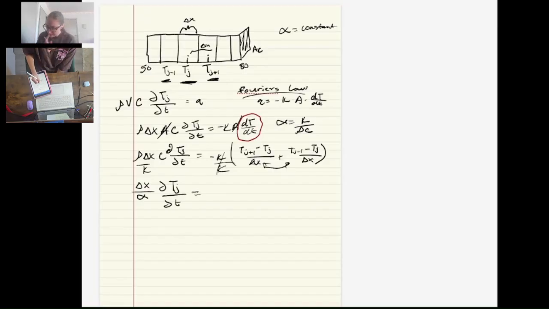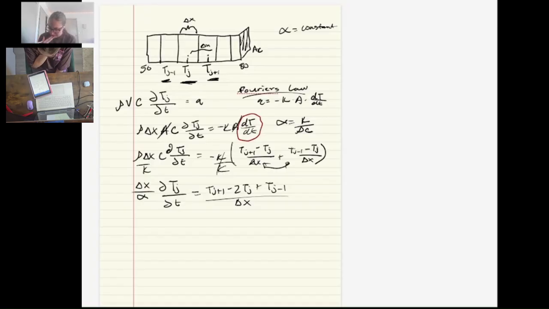Next, it's going to be TJ plus 1 minus 2TJ plus TJ minus 1, all over this. That's just combining those like terms together.